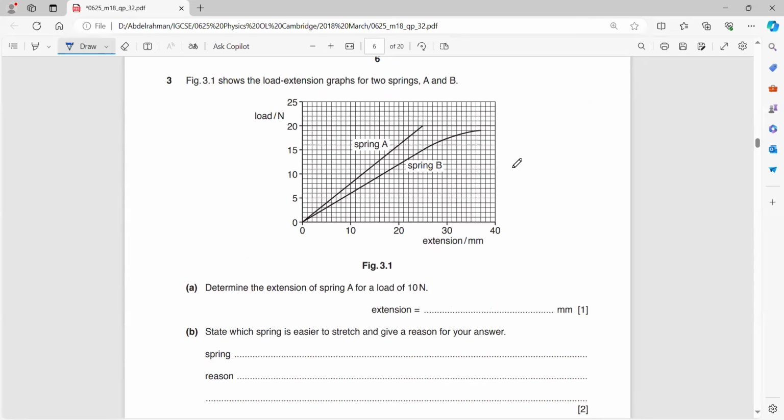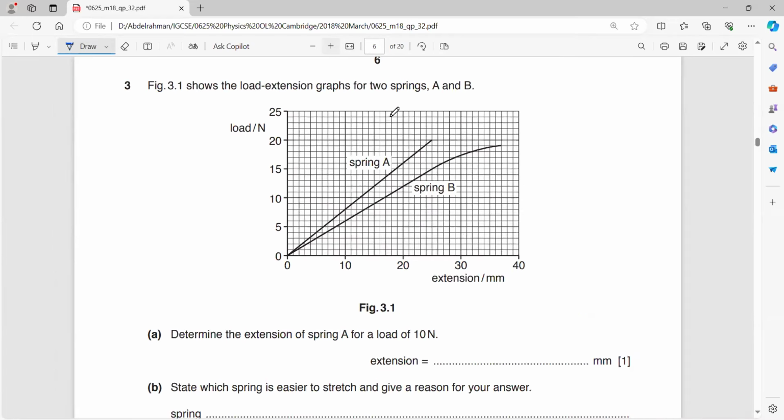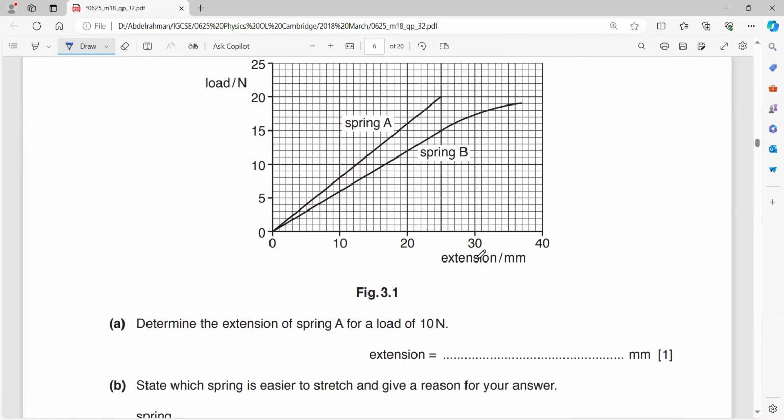Determine the extension of spring A for a load of 10 newtons. How can I find the extension for spring A for a load of 10 newtons? Zoom in. We start from 10 newtons.